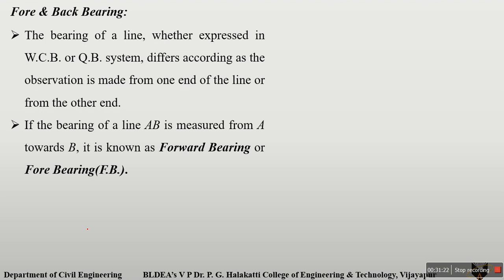Your instrument is on station A, then your ranging rod is on station B. From point A you are bisecting point B, then you read the bearing in the compass instrument. That bearing is called a forward bearing. In short form, you can call it FB.